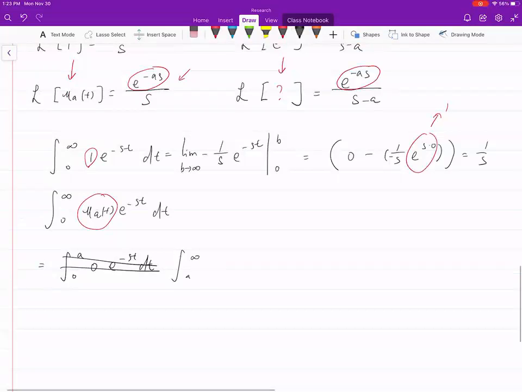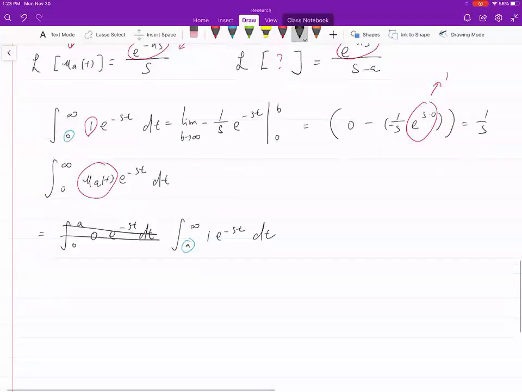Then uat becomes nothing but 1. So can you see what a uat does to our original function? It simply changed this ending point from 0 to infinity to from a to infinity. Why? Because before a, the whole thing is 0. After a, you don't change a thing. Good so far?